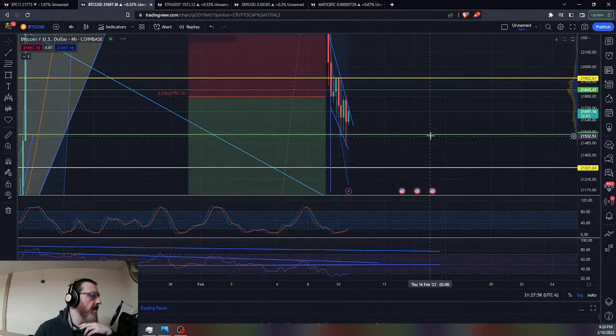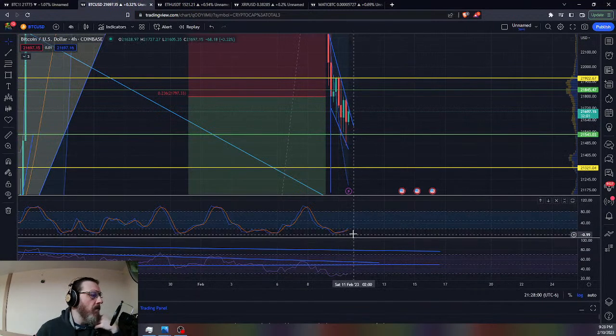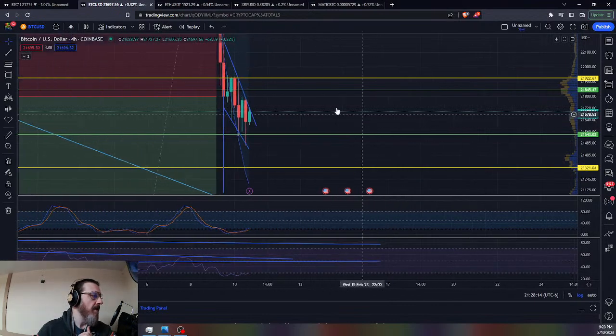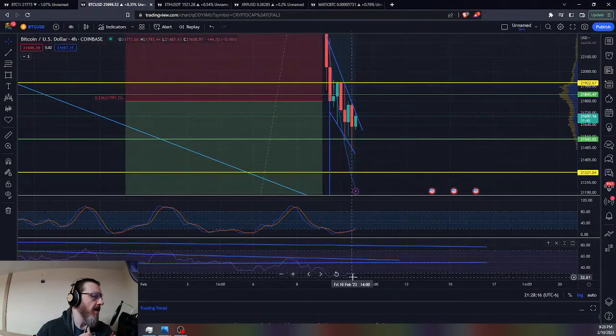And then as we swing out to the 4-hour, once again, Stochastics RSI is still oversold here. The blue has just moved into the neutral territory. We do want the red to get into that territory to confirm that we are going to be making a move in terms of the RSI right now.